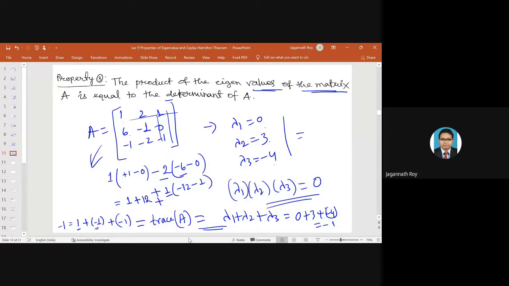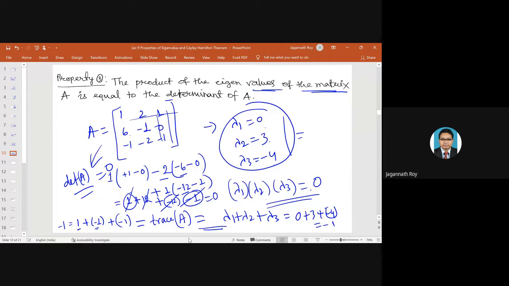Then plus 1 into minus 12, so this becomes minus 12. And then this is 1 into minus 1, so this is 1. This minus 12 and this 12 get cancelled. So this is 0. So the determinant of A here also we get is 0. And by the formula, the multiplication of the 3 eigenvalues, 0 times 3 times minus 4, is also 0. So this formula is also verified.